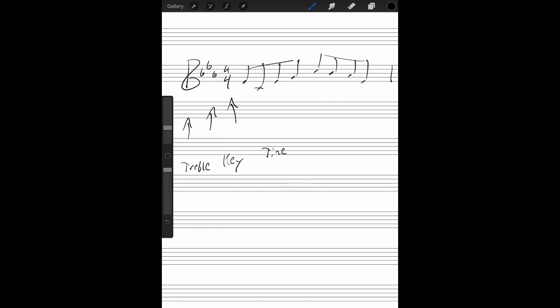So again, what this is saying is anytime we land on a note that's an E, B, or A, it's going to be flat. So that is not an E, but an E flat. Again, same thing here, E flat. That's a B flat, and this is an A flat.